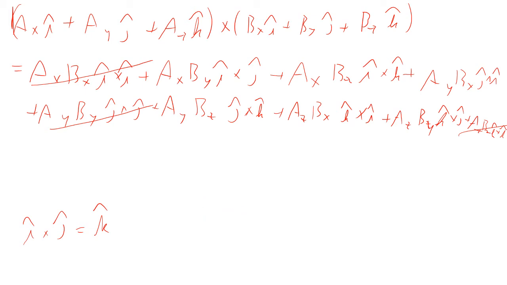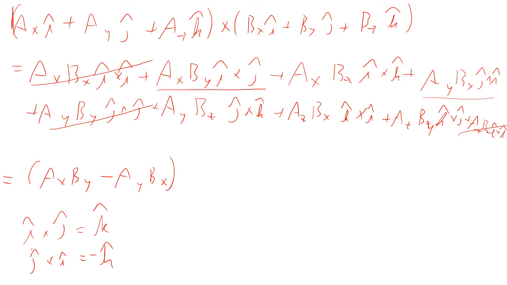So I cross J is K, and J cross I is the opposite direction, minus K. That means this now looks like AX BY minus AY BX, times K.